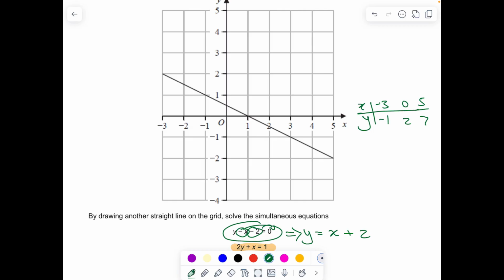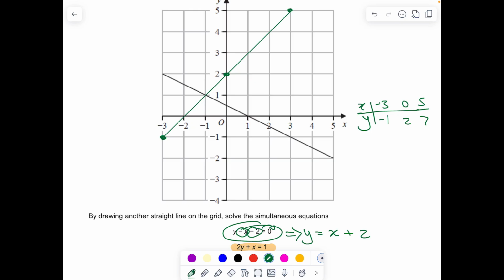So I plot those points. Minus 3, minus 1. 0, 2. And 5, 7, which is not on there. So I might do 3 plus 2, which is 5. And then straight line through.